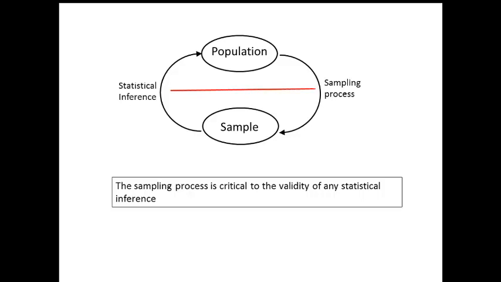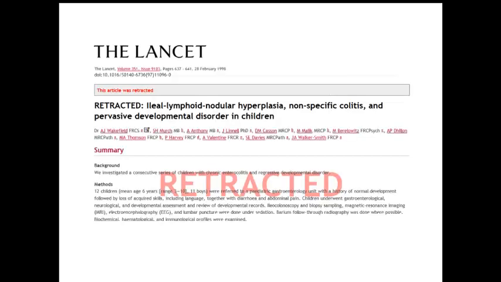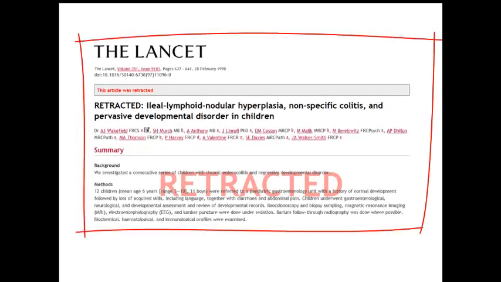So valid statistical inference requires sensible sampling strategies. And anecdotes aren't just confined to newspapers. Here's an example published in the Lancet and later retracted. The study by Andrew Wakefield suggested a link between the MMR vaccination and autism, which led eventually to a massive drop in the vaccination coverage of MMR in the UK.